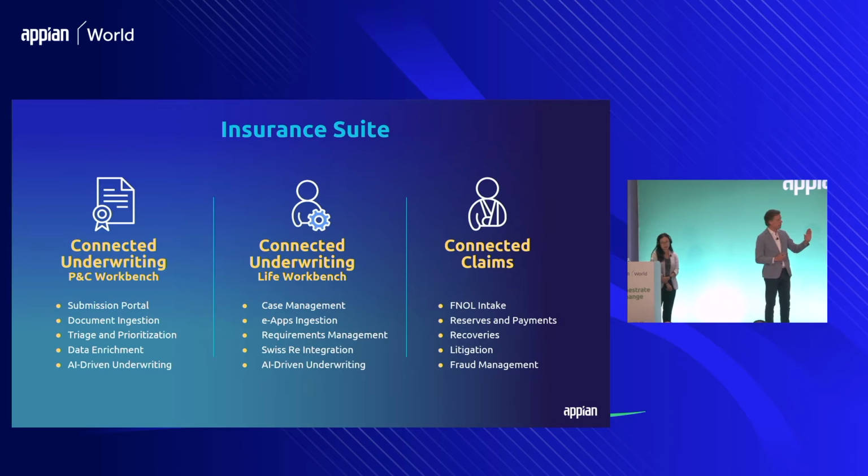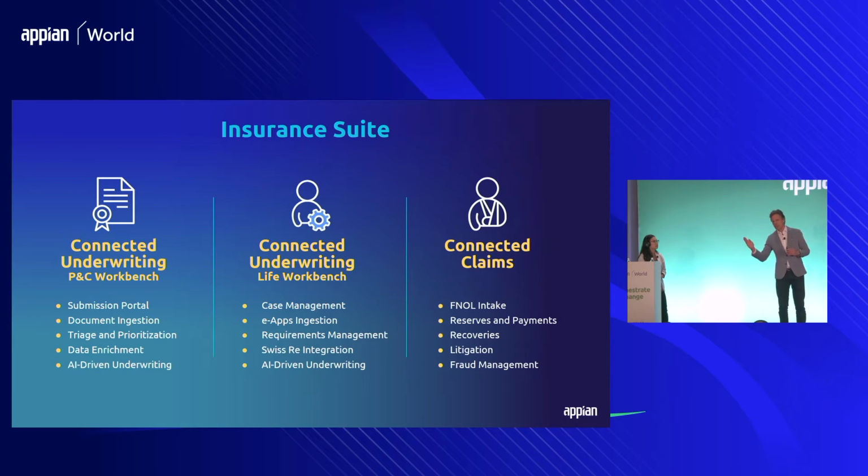But I also would like to say that, as you see on the left-hand side, we have also an underwriting workbench for property and casualty, which is more about submission management, extracting that data and supporting the underwriter to get a very quick idea of the risk and the customer, which is very interesting for the commercial and specialty lines especially.